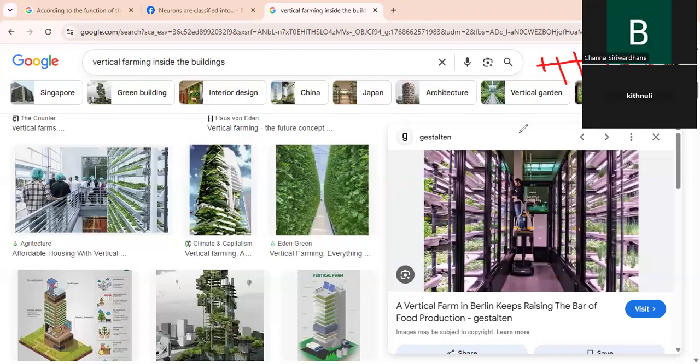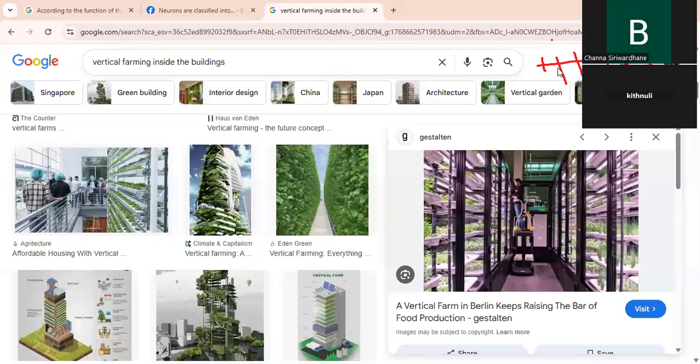So these people select those colors and give them in higher amounts to increase the productivity of the plant. Right.